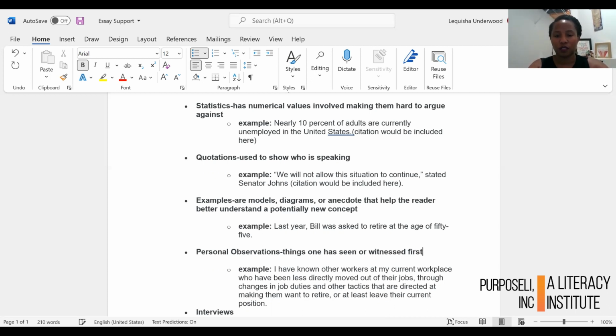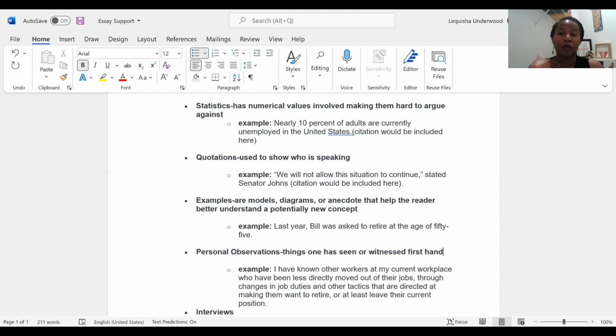I like to use the example that if you have ever experienced something like a hurricane, and being that I live in Florida, then I have firsthand knowledge, firsthand experience on those days. So that's a personal observation. I could be asked lots of questions about that. Someone else might be able to tell me better about a snowstorm, because that's something I am not familiar with. Having personal observations within your writing makes them stronger and more relatable.